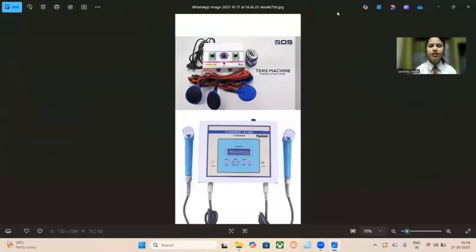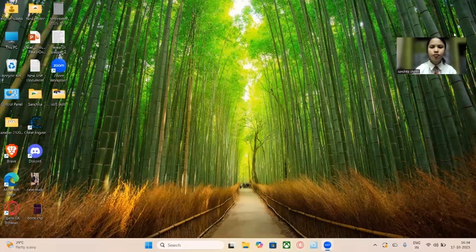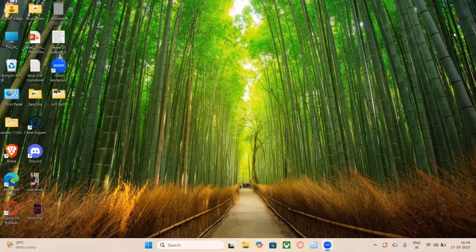The image above, as you all can see, is a TENS machine, and the image below is an ultrasound therapy machine. So TENS. TENS stands for transcutaneous electrical nerve stimulation. It works by sending low frequency electrical impulses through electrodes that are placed on the skin.